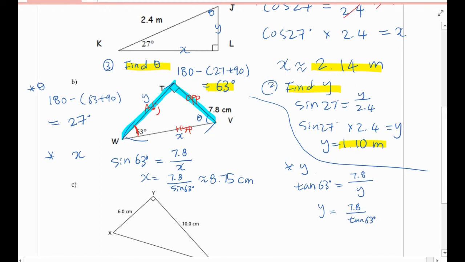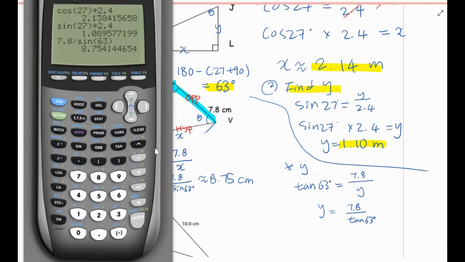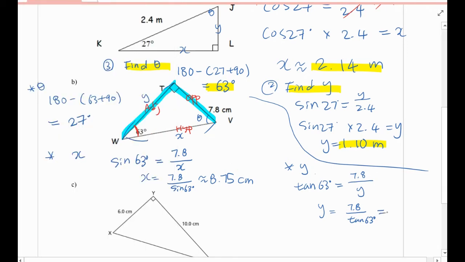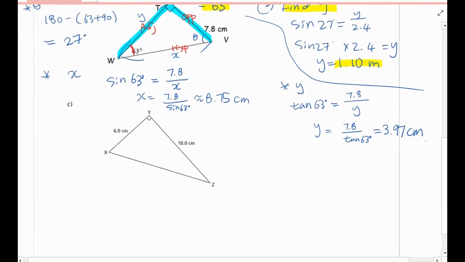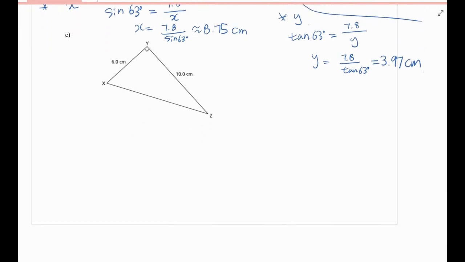Let's put this into your calculator: 7.8 divided by tangent 63. That's 3.97. So the answer is 3.97. All right, so we found all the other 3 components.